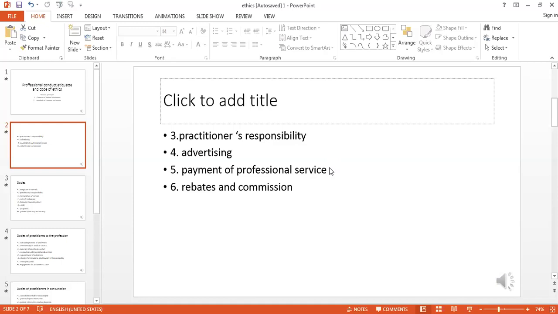The next principle is rebates and commission. A practitioner of homeopathy shall not give, solicit or receive, nor shall he offer to give, solicit or receive any gift, any commission or any bonus in consideration for referring or recommending any patient for surgical or other treatment, nor shall he receive any commission or any other benefit from professional colleagues or dentist or the pathologist.